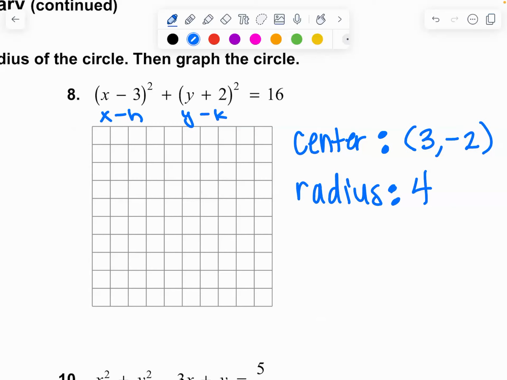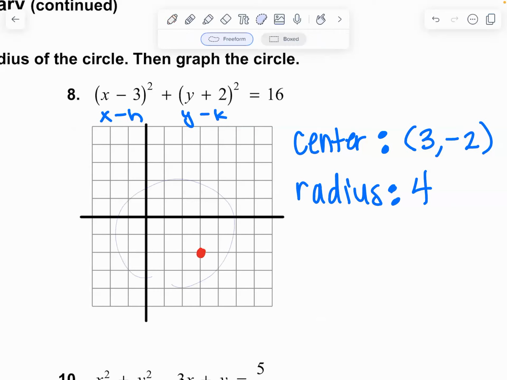What do you suppose we should graph first? The center is probably going to be important. So if our center is at 1, 2, 3, -2, uh-oh. Our center's at 3, -2. How am I going to get this graphed here?